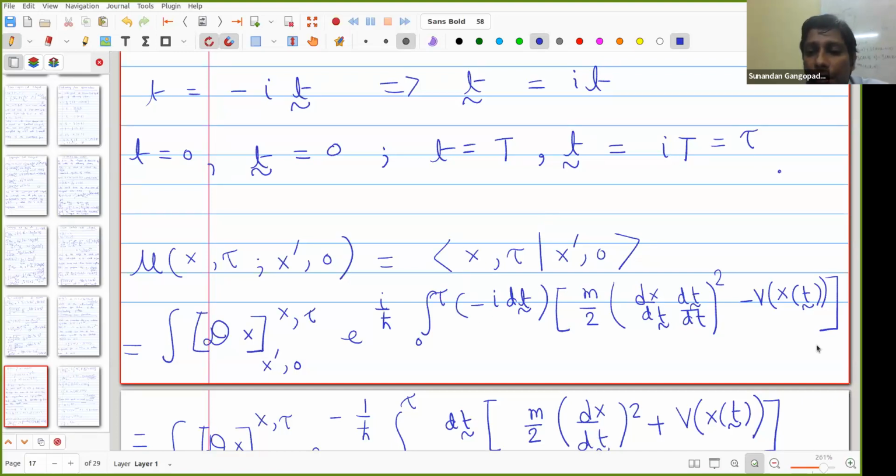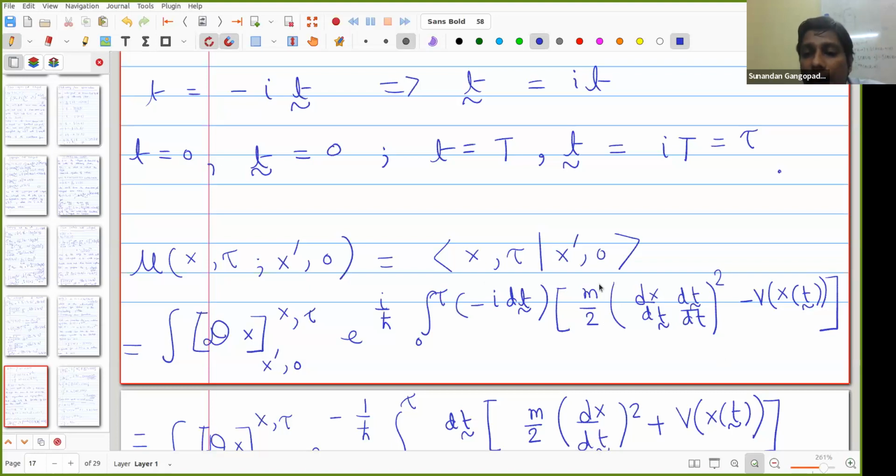In the exponent we have the Lagrangian times dt, so all the t's I replace by t tildes. So dt gets replaced by minus i dt tilde: if you take dt of this side, it gives dt equal to minus i dt tilde.